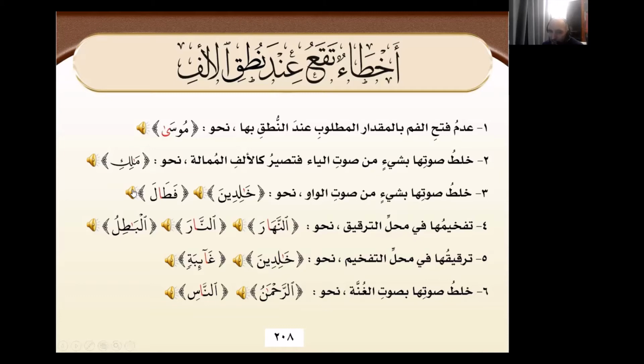Exactly. The mechanics of making this sound is that when you try to pronounce the emphatic letter kha, or ta, instead of saying kha, look at my lips, khalidin. Some people do it like this, khalidin.